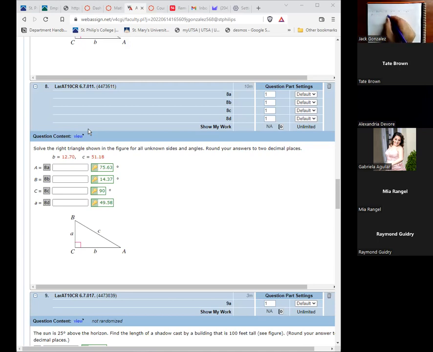Capital A, capital B, lowercase a, lowercase b. My C's look the same, so if you can write your C's better, cool. Or if you want to put a line on top of it, just to distinguish the two C's, feel free. They gave us a b of 12.7 and c of 51.18.